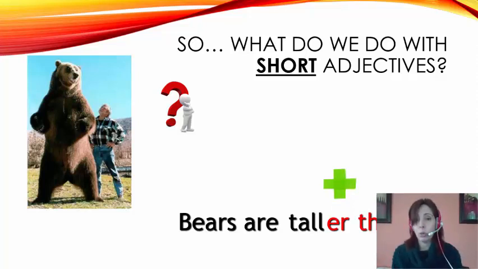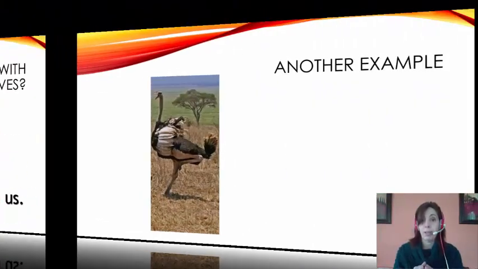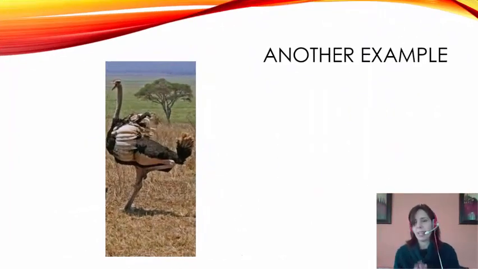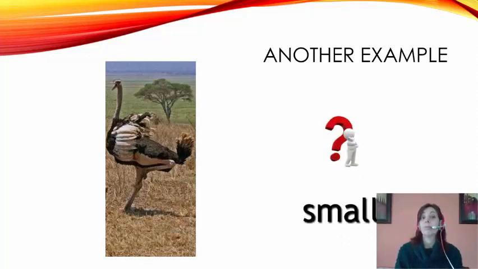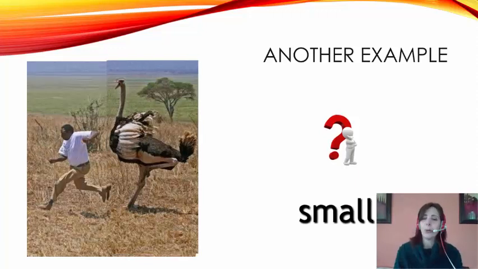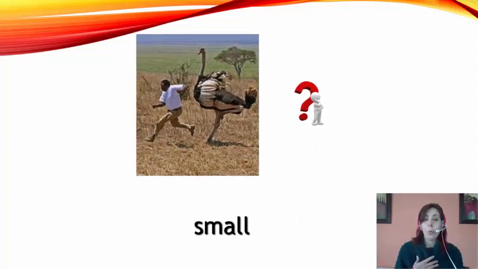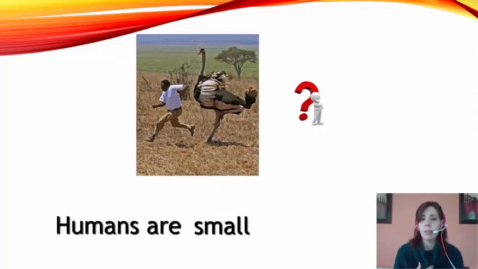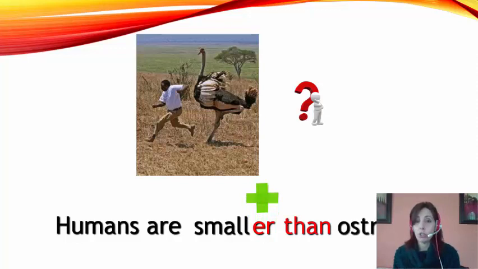Taller than humans. Another example to keep on practicing. Again, if we compare to humans, that's an ostrich. Remember the big birds from Australia? Ostrich. So, believe it or not, yes. So, we humans are smaller than ostriches.